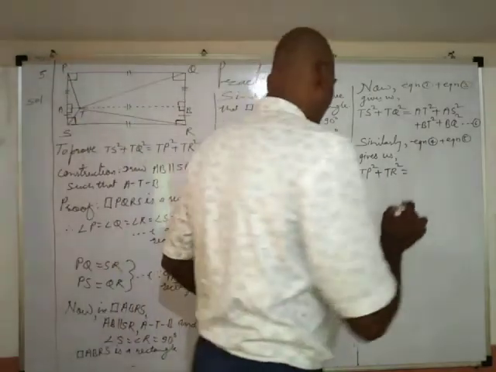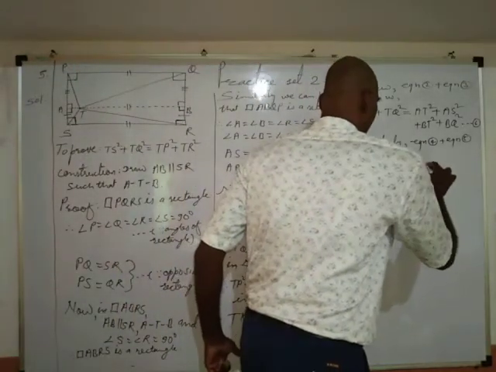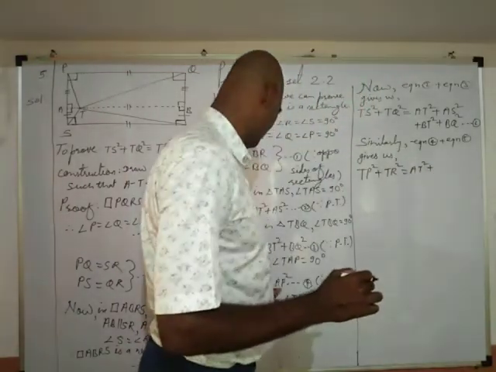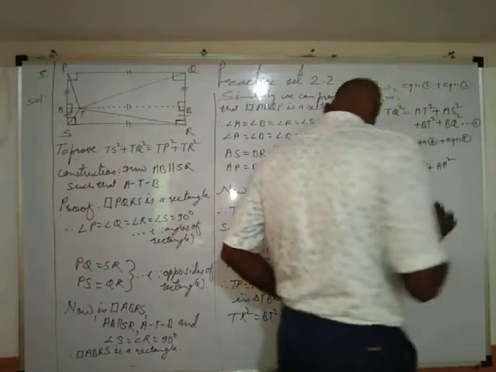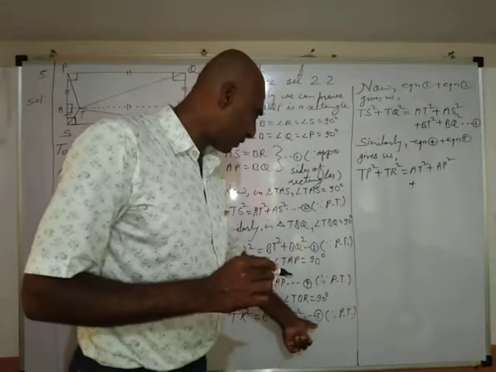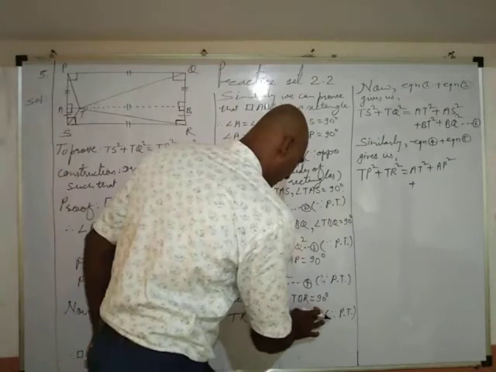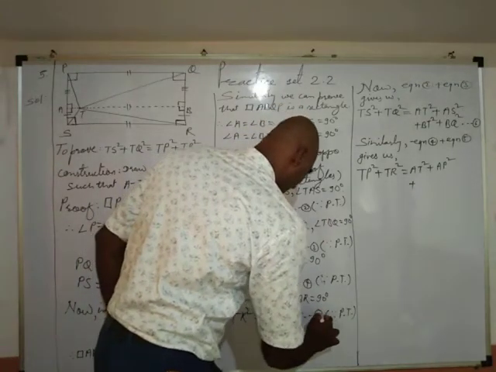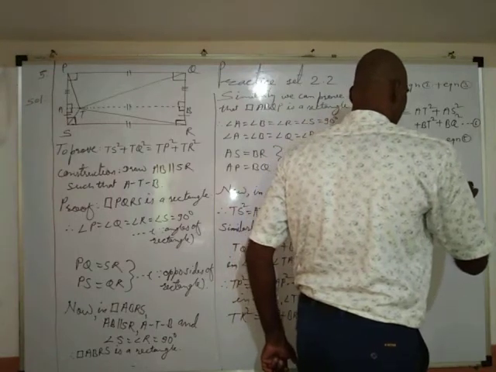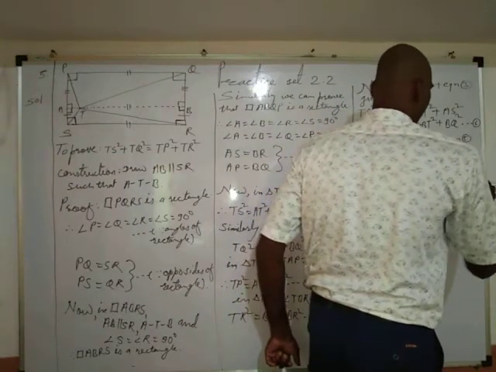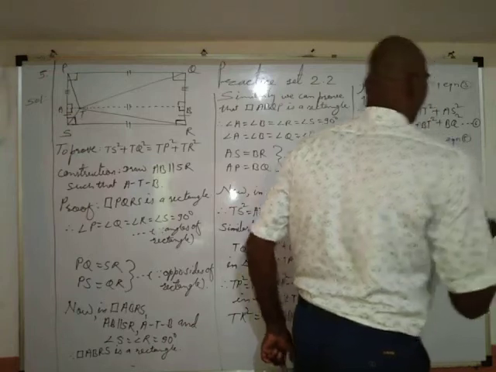Let's write AT square plus AP square plus the RHS of equation 5, BT square plus BR square. Let's call it equation 7th.